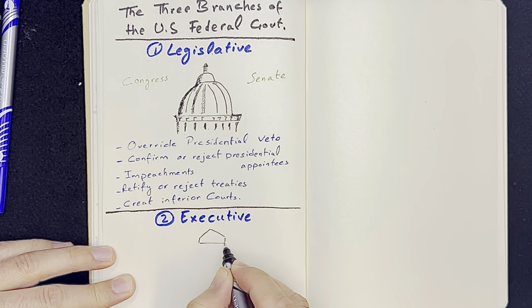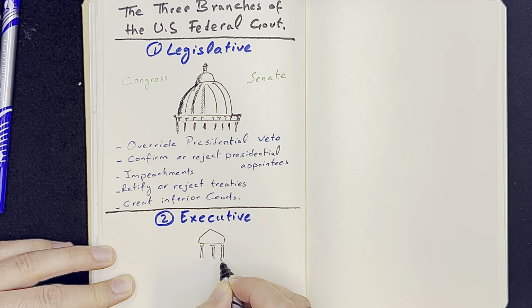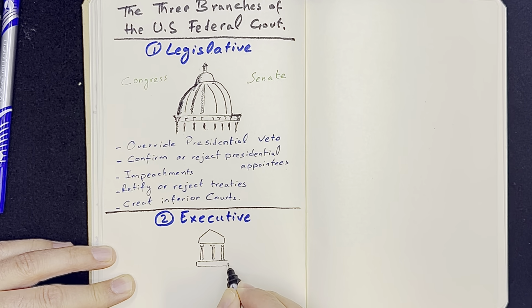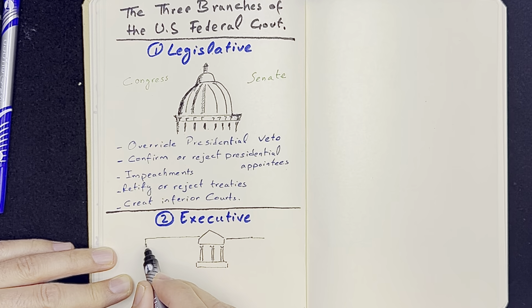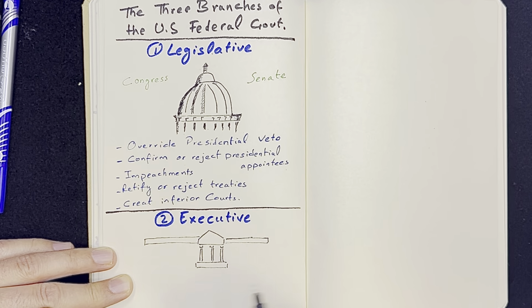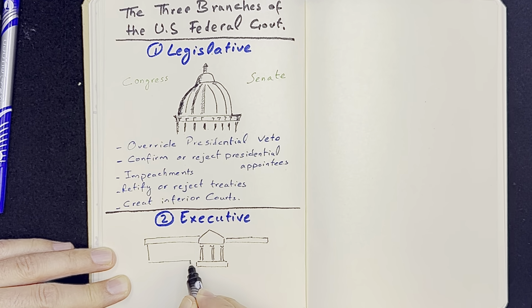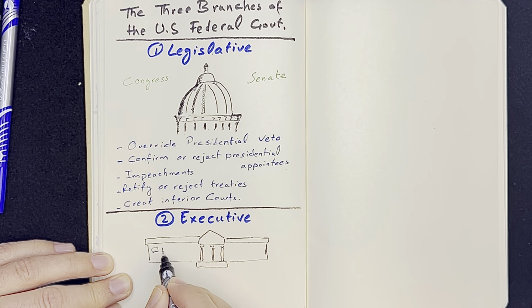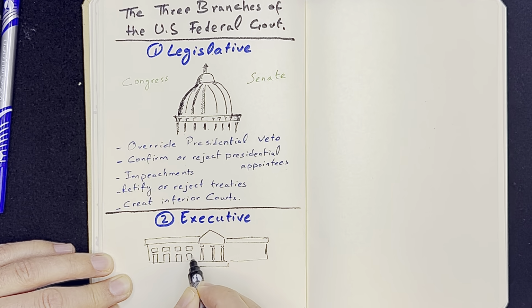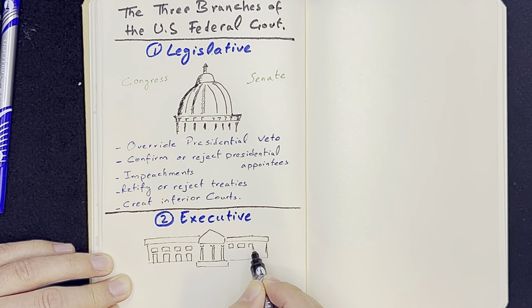Let's move to the second branch, which is the executive branch, or the enforcer. At the helm of the nation stands one leader, the President of the United States, the Commander-in-Chief, Chief Diplomat, and enforcer of the nation's laws. With the stroke of a pen, the President can turn a bill into law or veto it. Treaties are made, military orders issued, and executive actions taken.